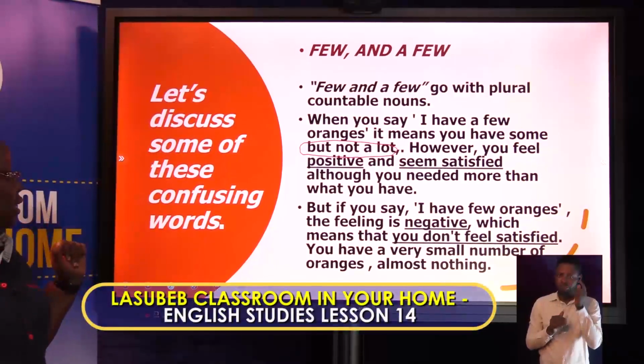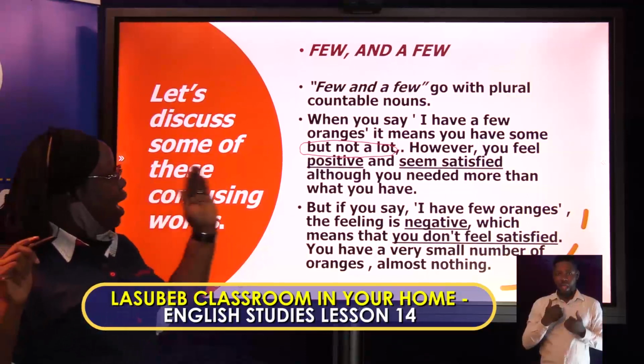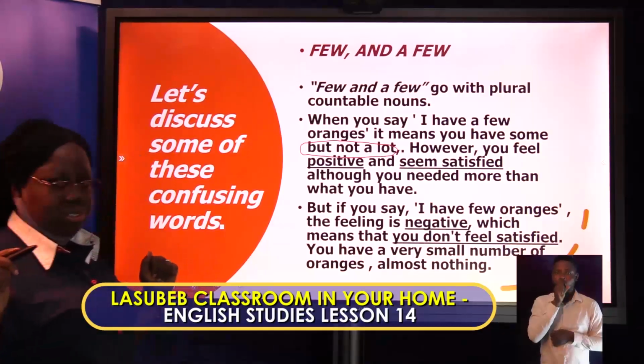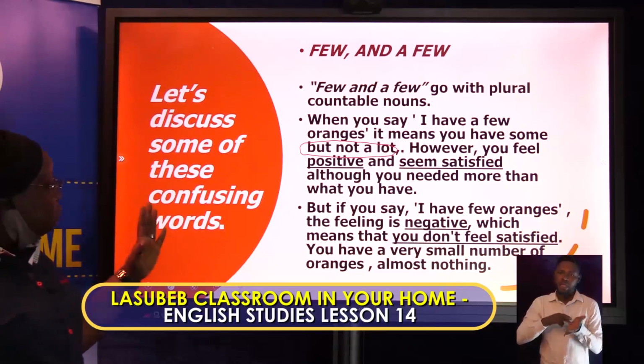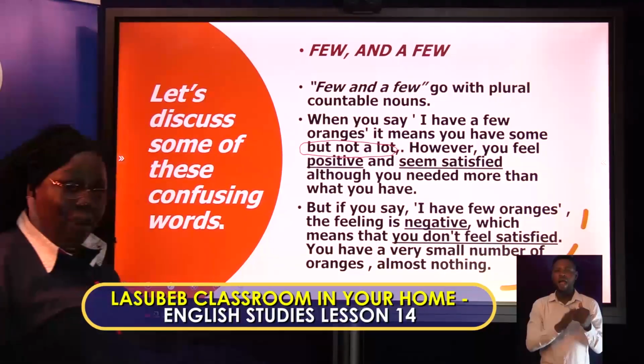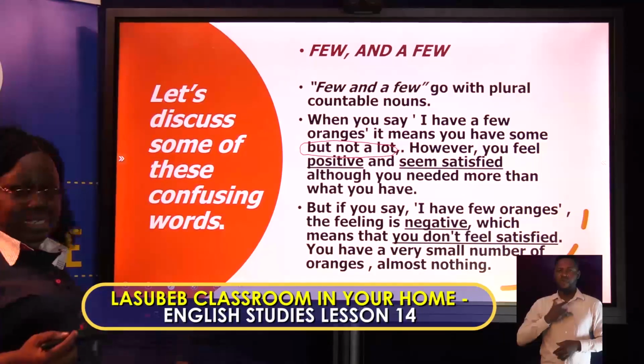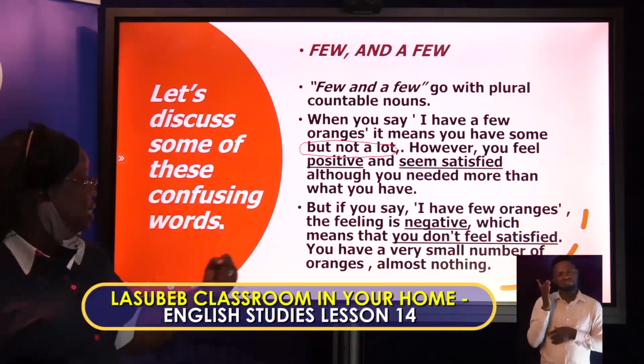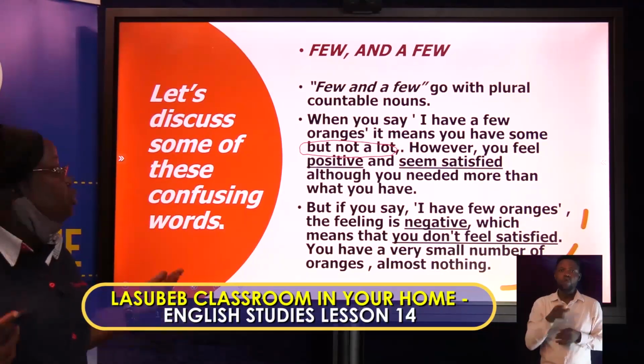Let me take that again. When you say, I have a few oranges, what does it mean? It means that you have some, but not a lot. However, you feel positive and seem satisfied, although you needed more.